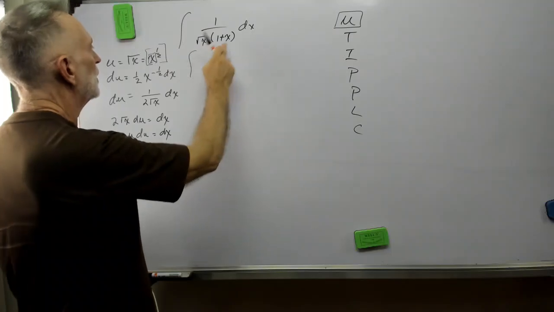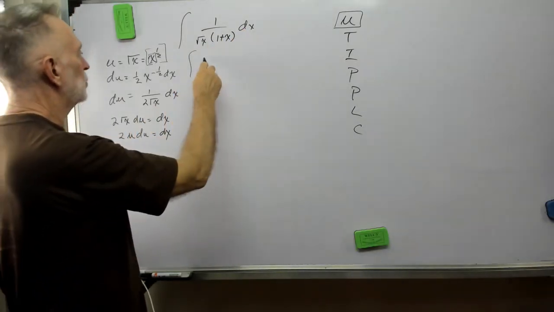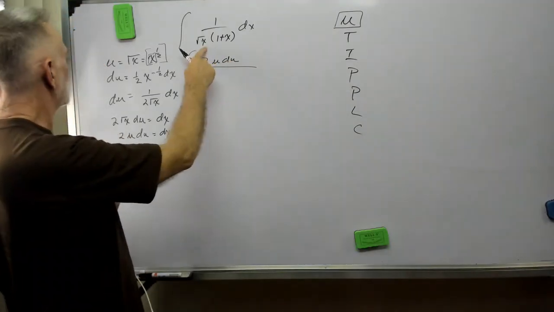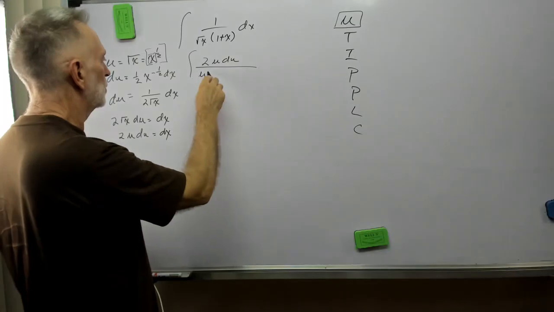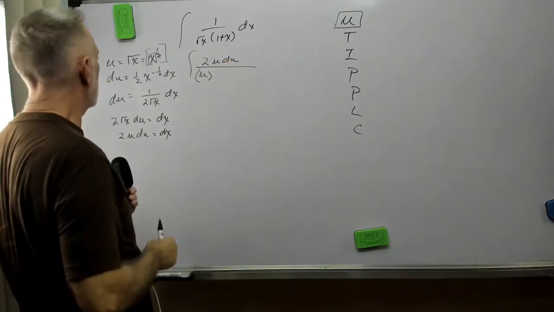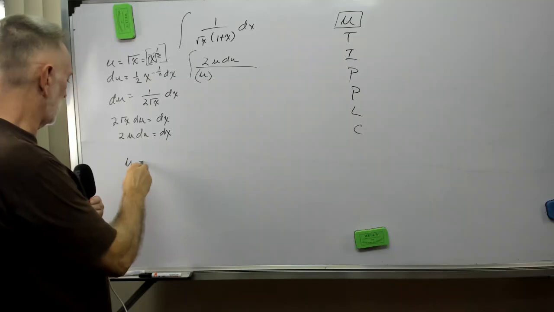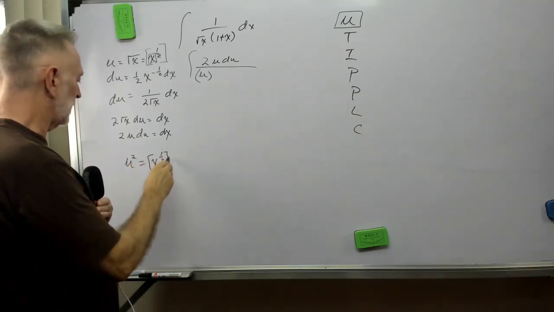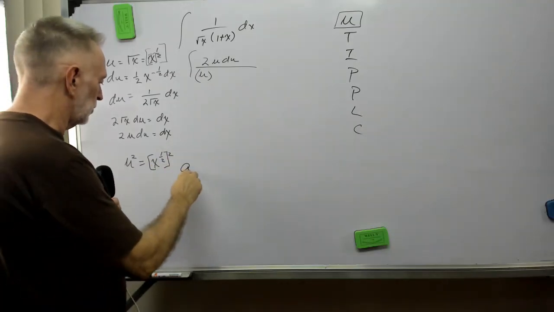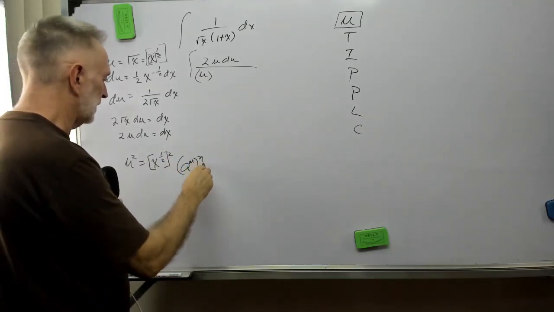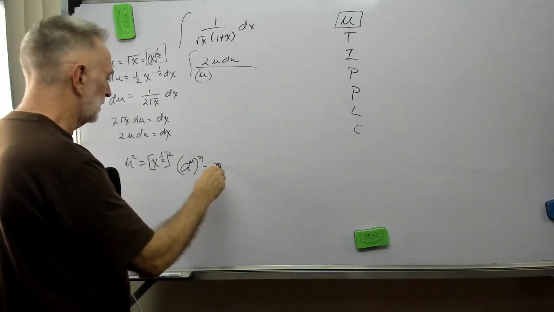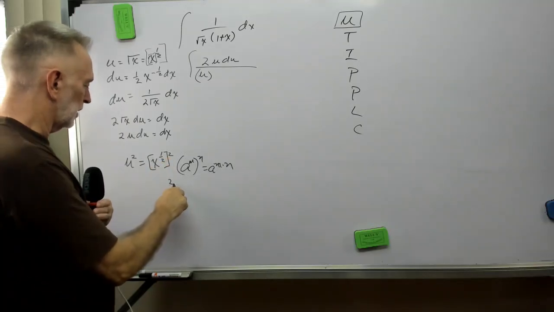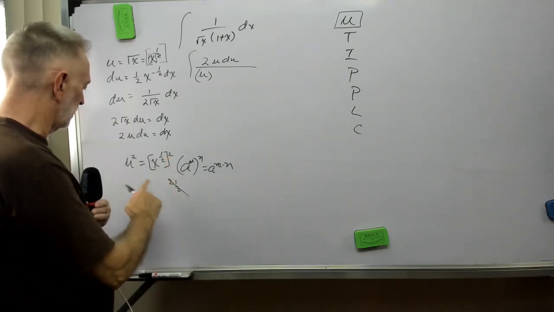Okay, now let's fill in the blanks here. We have dx is what? 2u du divided by what? Square root x. Well, that's u. And then 1 plus x. Well, if u equals x to the 1/2, if I were to square both sides, you know the rule, a to the m raised to the n is a to the m times n. So 2 times 1/2 is 1.